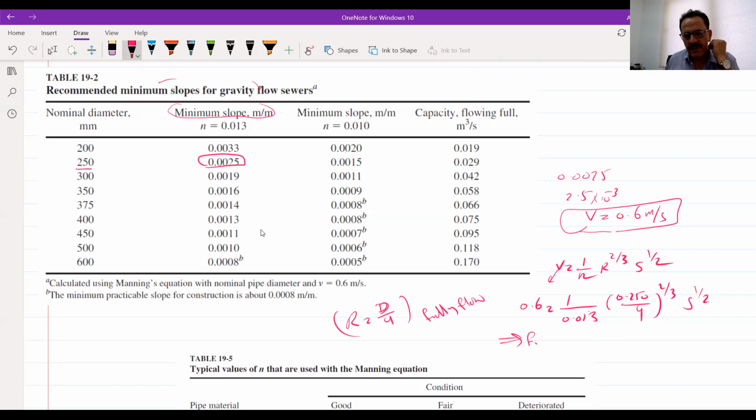So find the S. The S will be equal to 0.25 divided by 4 power 2/3, divided by 0.013, divided by 0.6, inverse that and square that. So it's equal to 2.45 times 10 to the power minus 3, which means about 2.5. This is in case that you don't have this table.